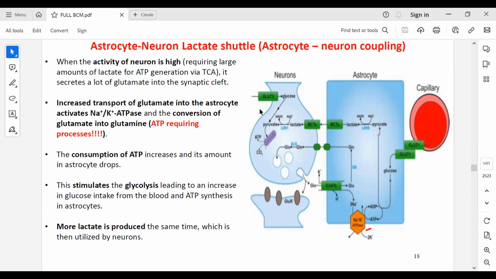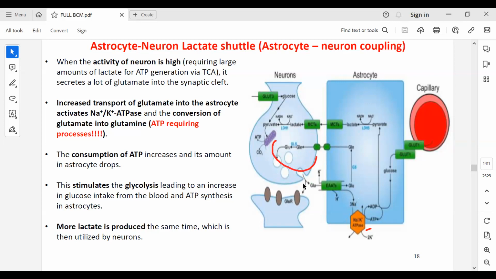Once it goes to the neurons, the neurons will use that pyruvate, that lactate, to feed into the TCA cycle and the electron transport chain. And again, what is the main thing about neurons? It wants to make its neurotransmitters.